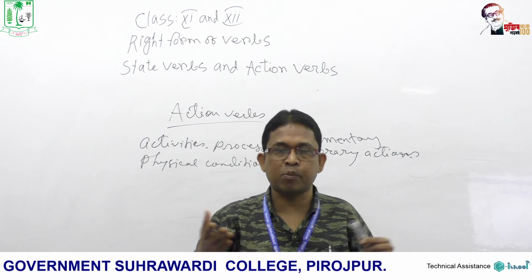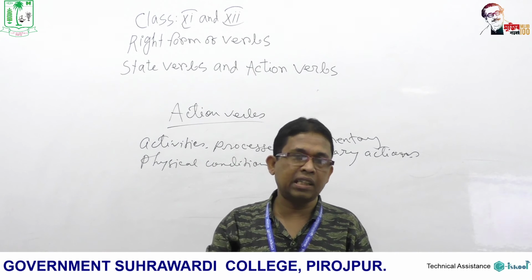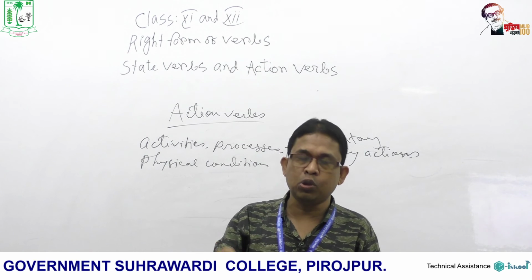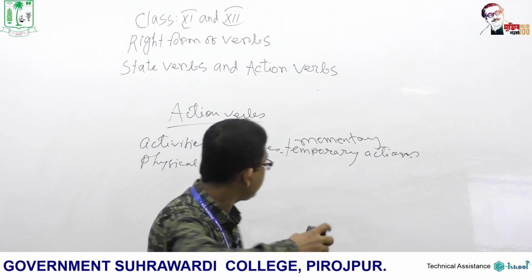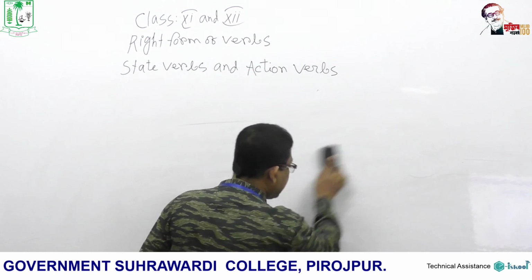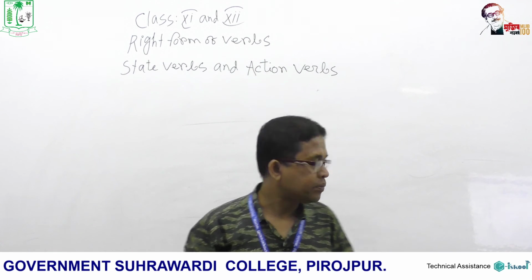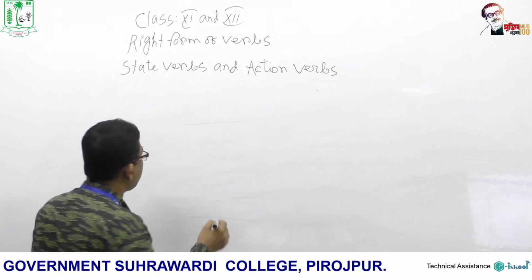These action verbs can be used in the passive and also in the continuous forms as opposed to the rule of state verbs. If you can understand state verbs, then it is easier for you to understand action verbs. Let me give some examples of using action verbs.